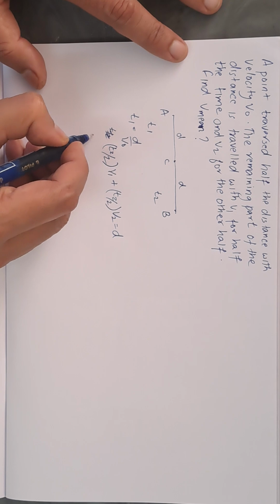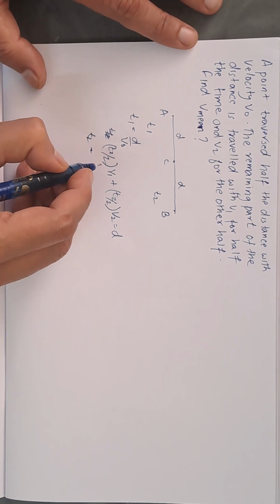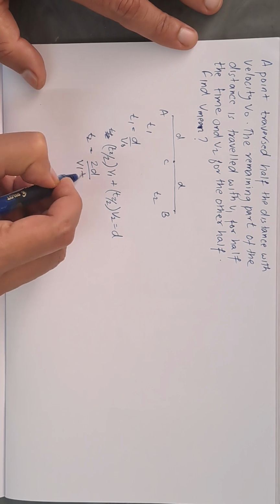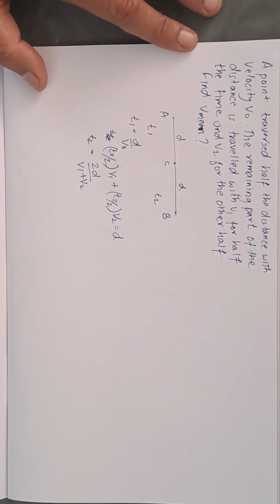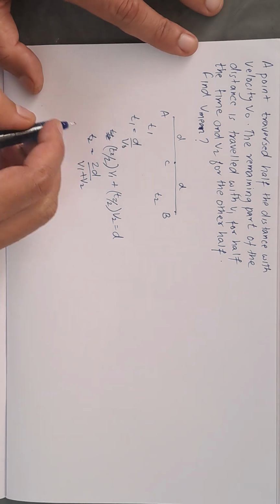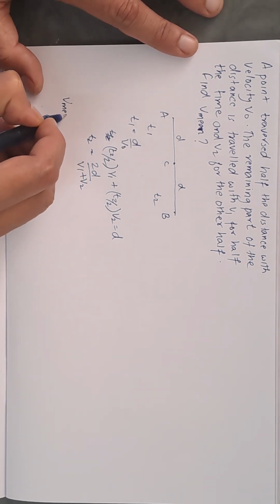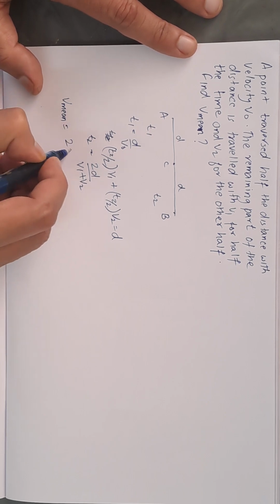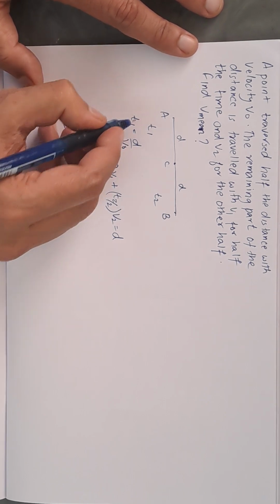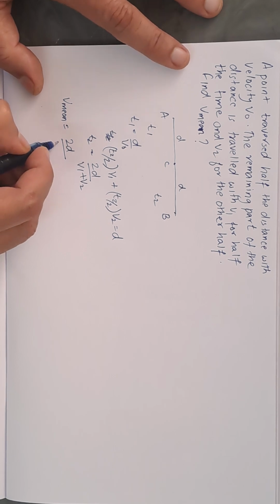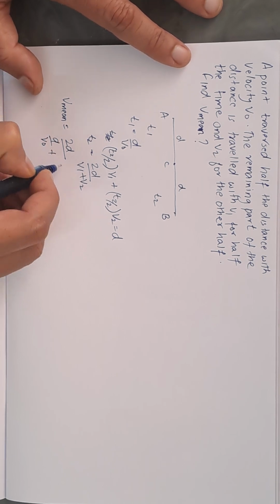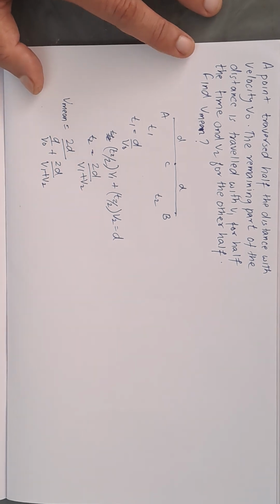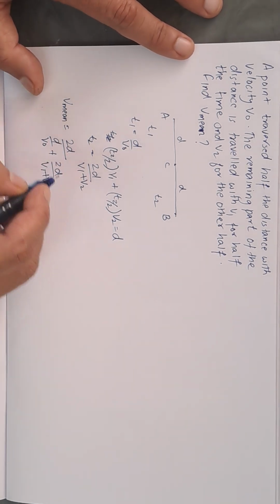What will be the value of t2? 2d by (v1 plus v2). So what does average velocity v mean? Total distance traveled by total time. Total distance is 2d divided by total time, t1 plus t2. t1 is d by v0 plus 2d by (v1 plus v2). d will get cut.